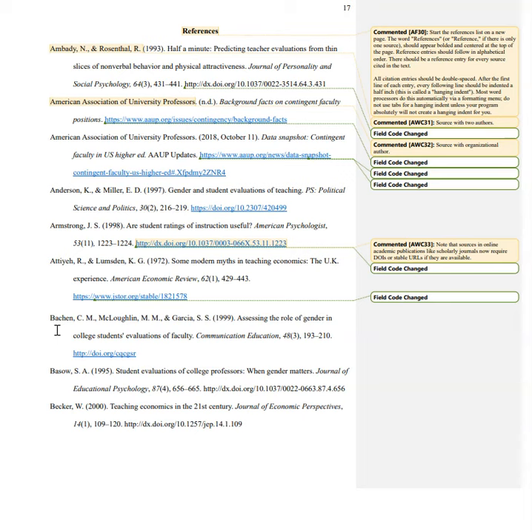Generally speaking, we italicize the name of the publication. Sometimes I see people trying to do that with the article name, but it's the publication name. So Harvard Business Review, not a look into leadership, would be the name of the title.